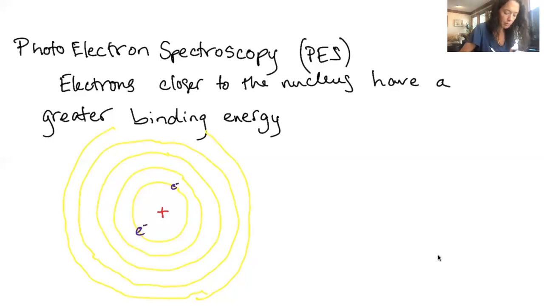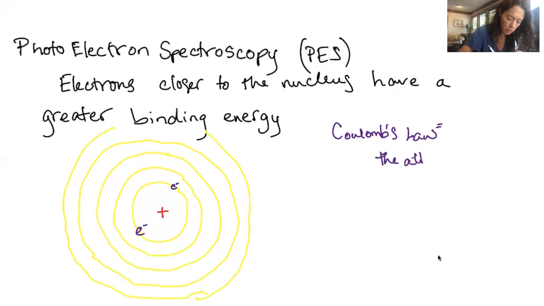And I don't know if we've had the video of Coulomb's law. I think I made it and it got lost, and I have to make it again. We're going to reference this a lot in the next few lessons. Basically, it discusses the attraction between charged particles, the attraction between positives and negatives.